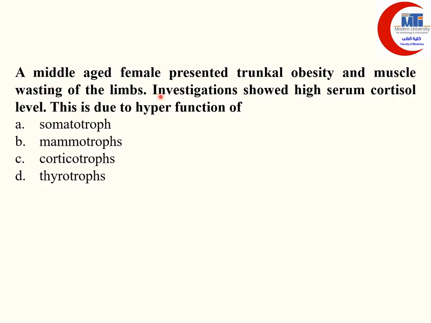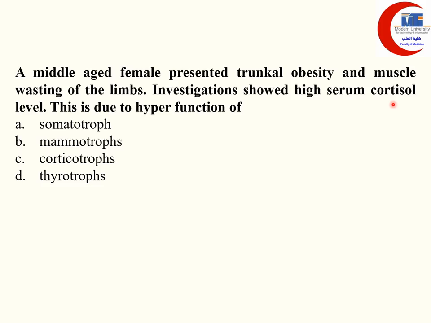A middle-aged female presented with truncal obesity and muscle wasting of limbs. Investigation showed high serum cortisol level. This is due to hyperfunction of. High serum cortisol level means there is high stimulation to the zona fasciculata in the adrenal cortex, which secretes cortisol.